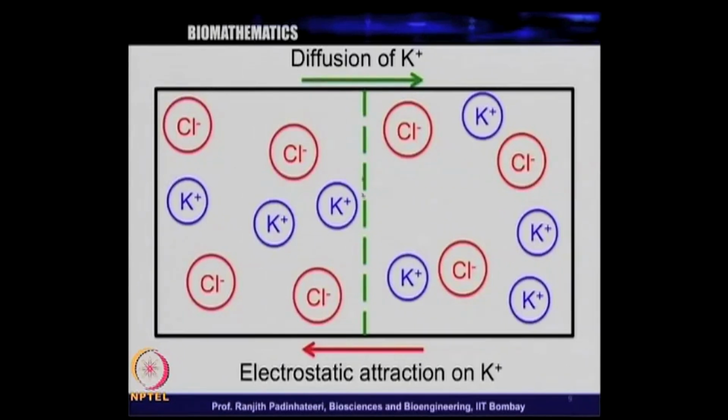So, the vector sum of the flow at this particular point becomes 0. When the total flow along this membrane is 0, you have equilibrium. That means the flow in this way balances the flow in this way.